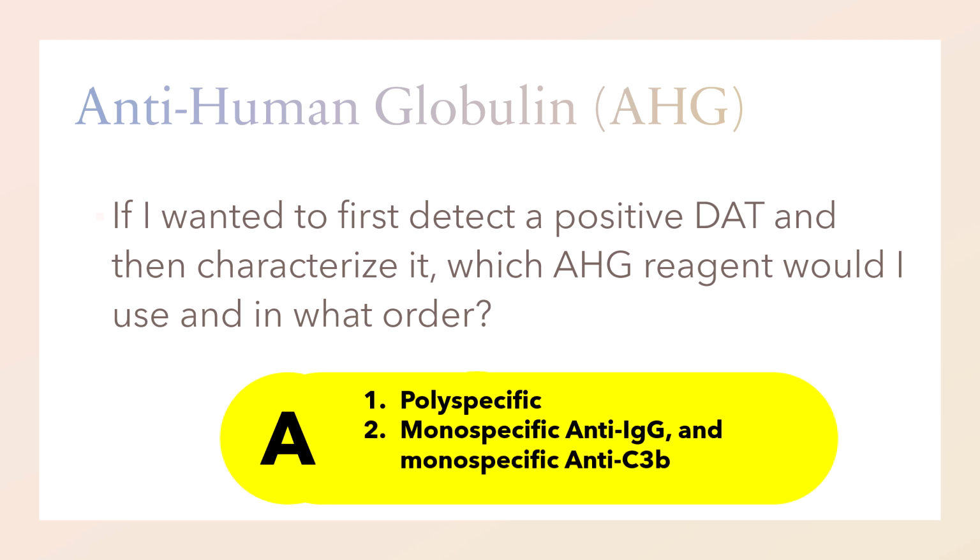First, I would use polyspecific AHG, and then if it was positive, I would use a monospecific anti-IgG and a monospecific anti-C3b in separate tubes to determine which is coating the cells.